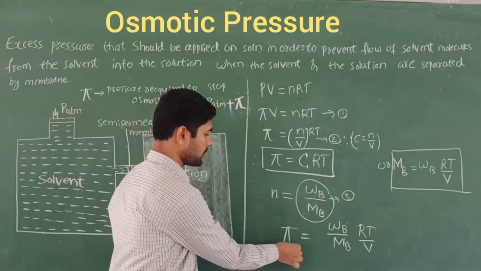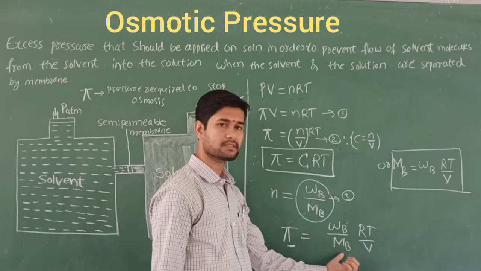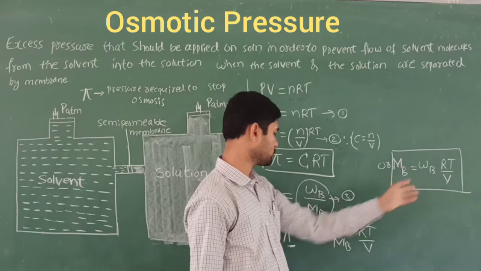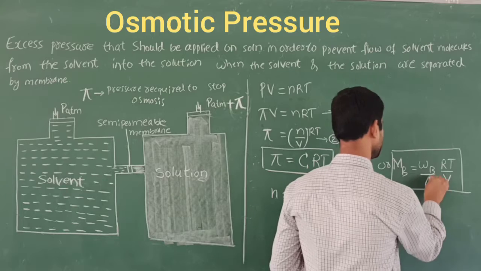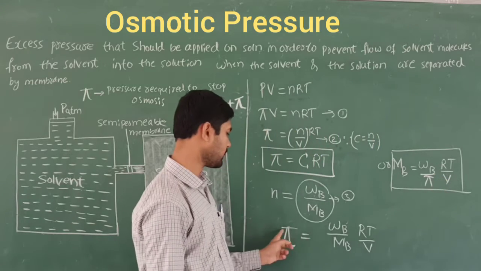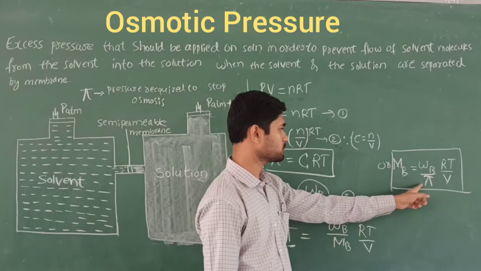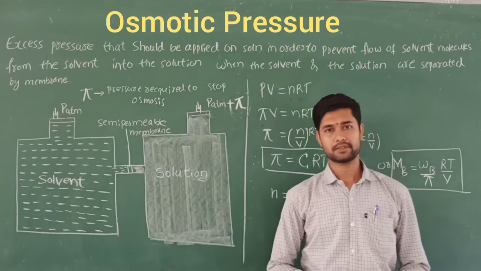So this is called the equation. In order to find out the molecular mass of this non-volatile solute, MB is equal to, taking osmotic pressure downside, therefore MB is equal to WB RT by pi V. So this is called osmotic pressure.